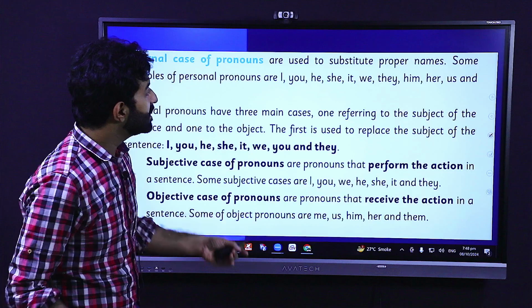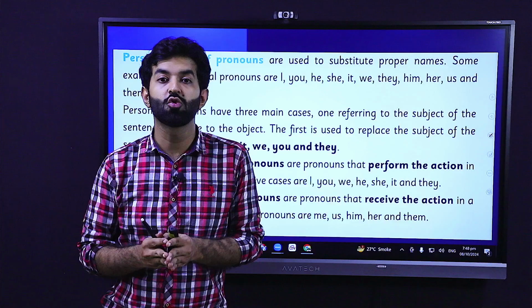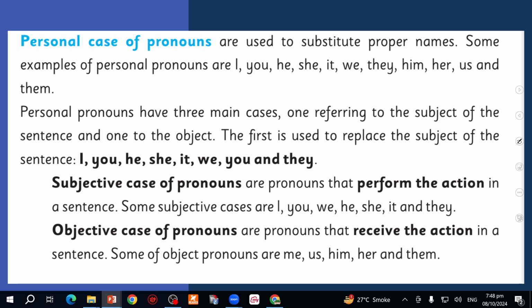Now, students, here are some pronoun cases that we need to be aware of. For example, the personal case of pronouns means we are going to refer to personal pronouns. Personal case of pronouns are used to substitute for proper names.